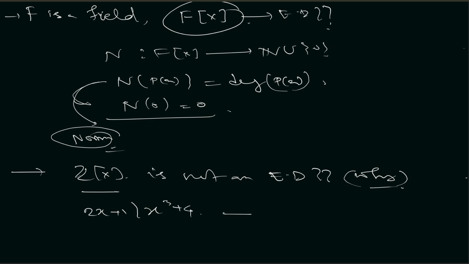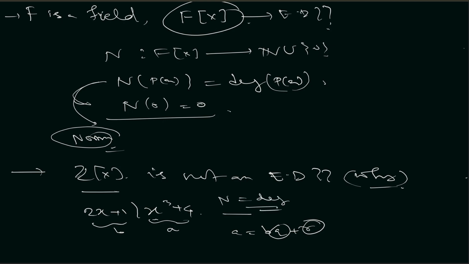What are the choices for q and r with the property that the norm is the degree norm?